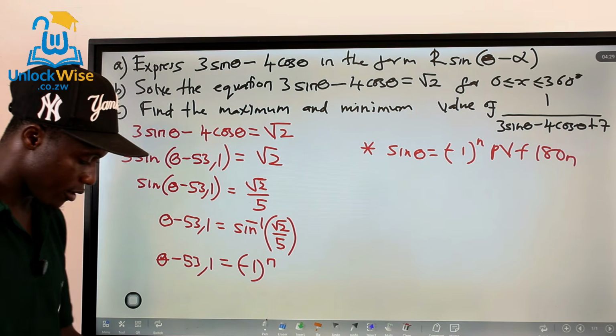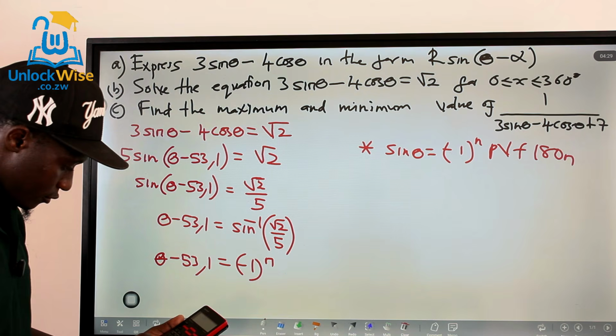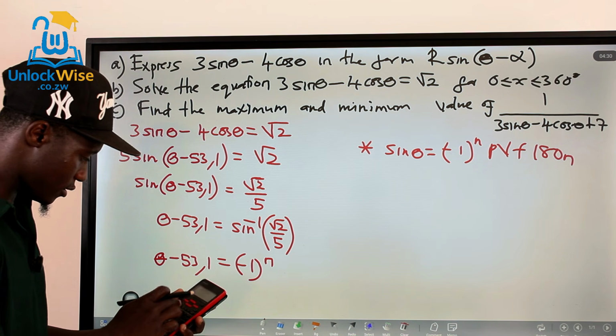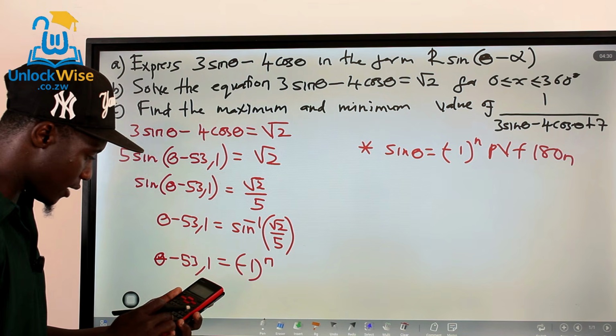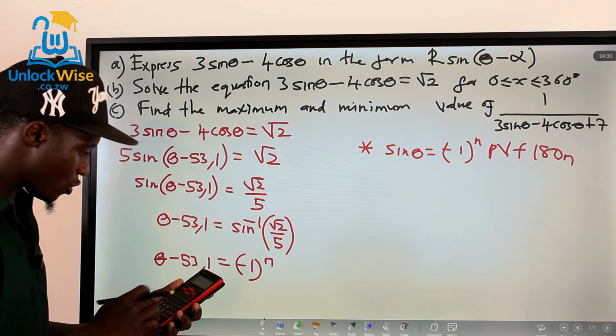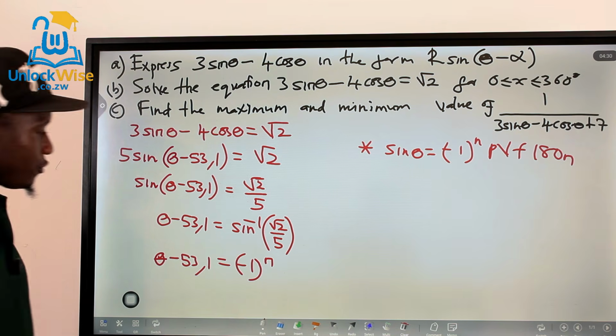Arcsine of root 2 over 5. That is equal to 16.4.